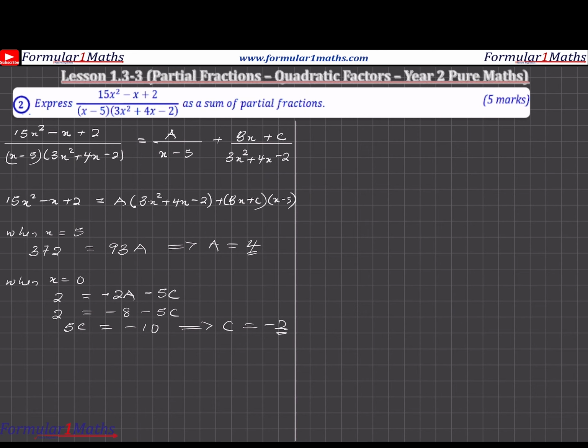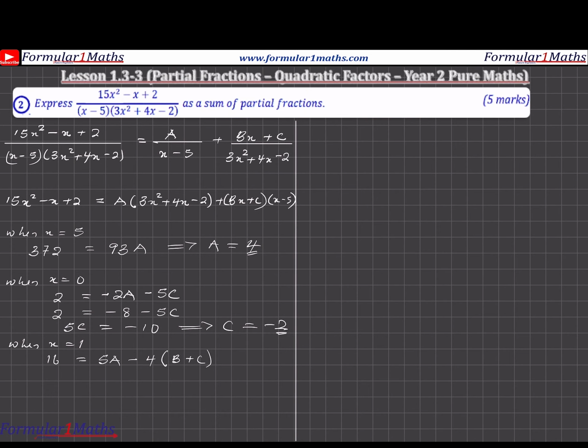Next, let x equal 1. So when x equals 1, then on the left-hand side, I have 16 equals 5a minus 4 brackets b plus c.